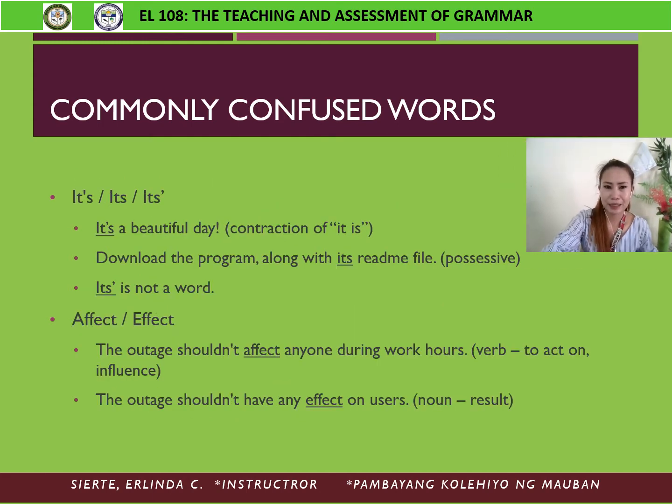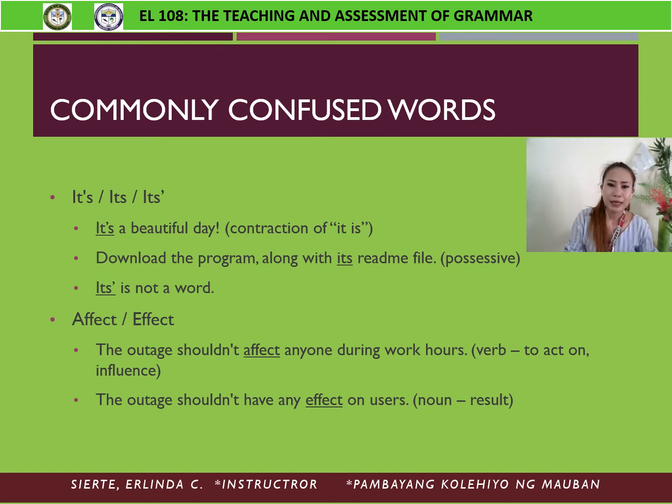Next, it's, with the apostrophe and s, and its. The first: "It's a beautiful day." That is a contraction of it is. Next statement: "Download the program along with its README file." The function of its in the second sentence is possessive. How about the last one? Its' is not a word.